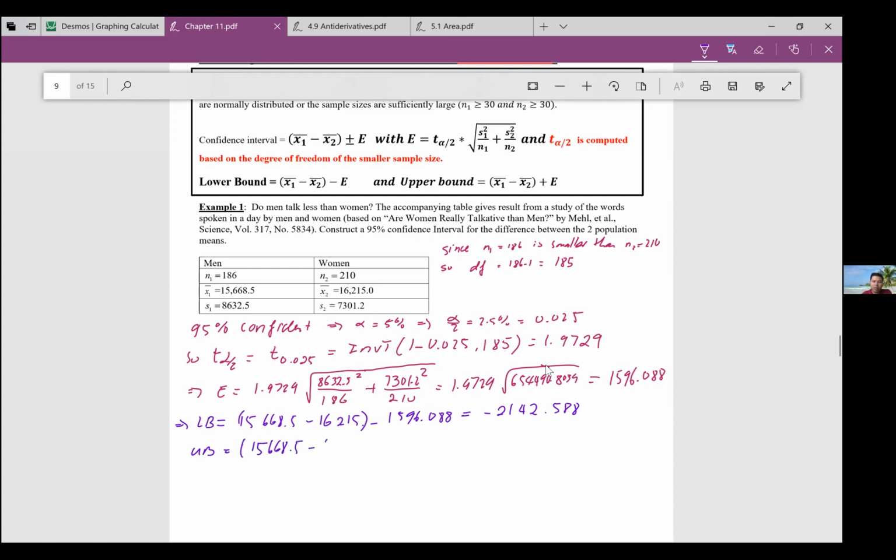Then my upper bound will be 15668.5 minus 16215, and then plus 1596.088.